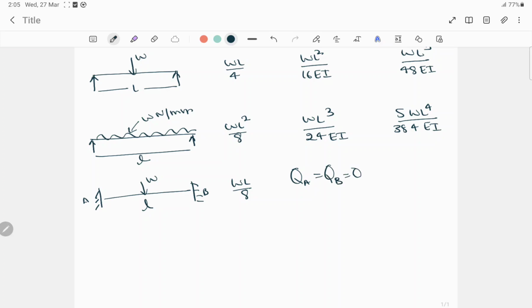For a fixed support, always remember the slope will be 0, and the deflection will be 1/4 of the simply supported beam, that will be WL cube by 192 EI.